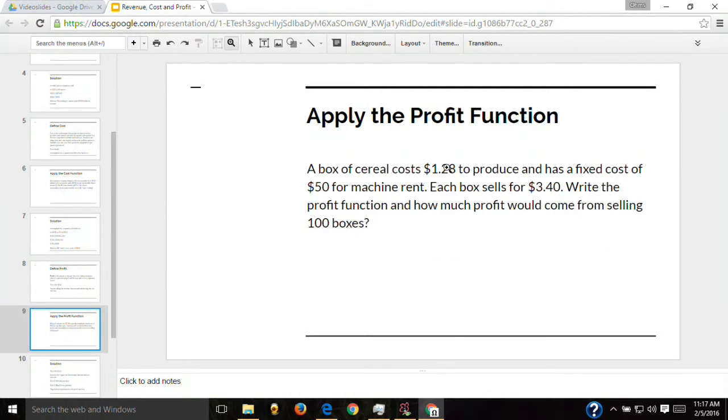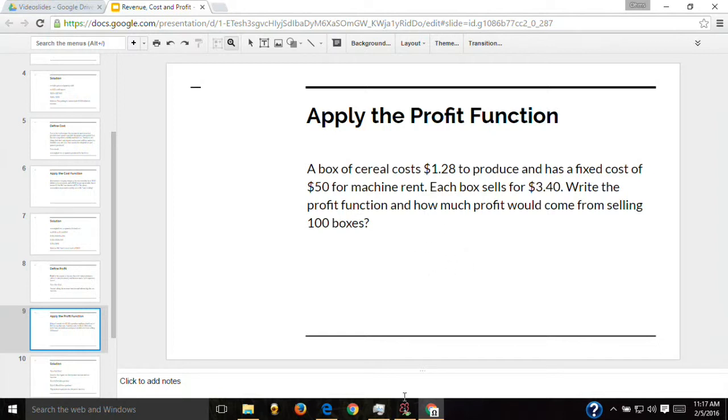A box of cereal costs $1.28 to produce and has a fixed cost of $50 for machine rent. Each box sells for $3.40. Write the profit function and how much profit would come from selling 100 boxes. Alright, so let's take this one step at a time.